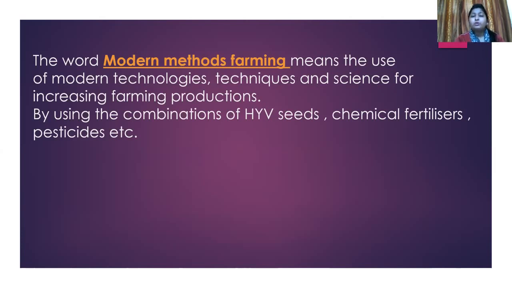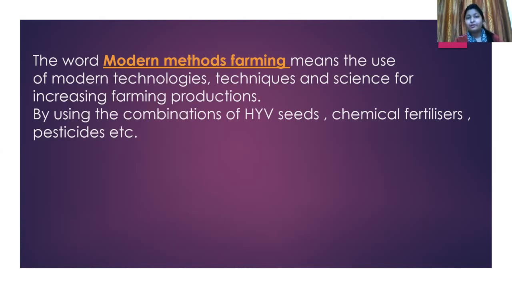We are not using any specialized seeds or chemical-based fertilizers here, but we are doing the production with the help of things which are naturally available to us. That is what differentiates modern methods from traditional methods.